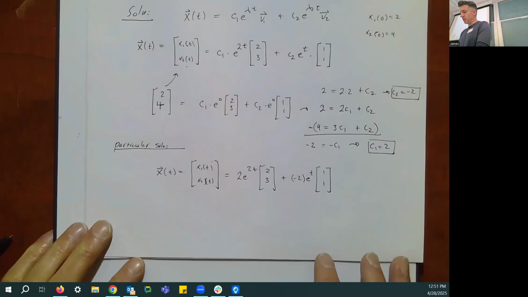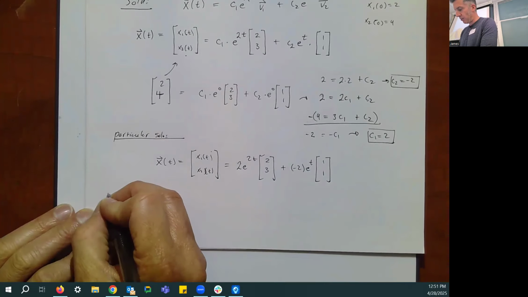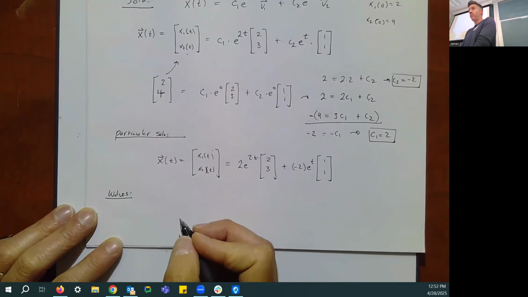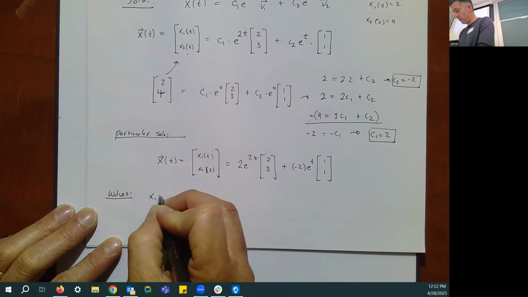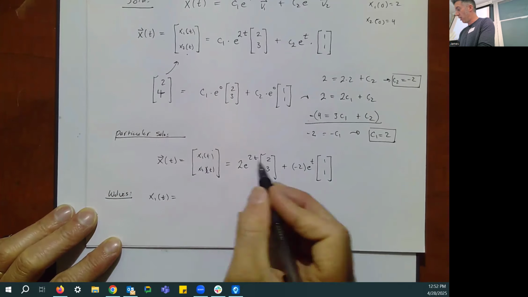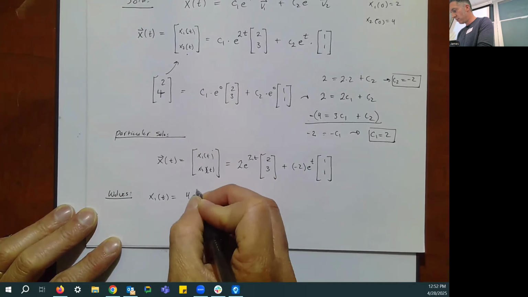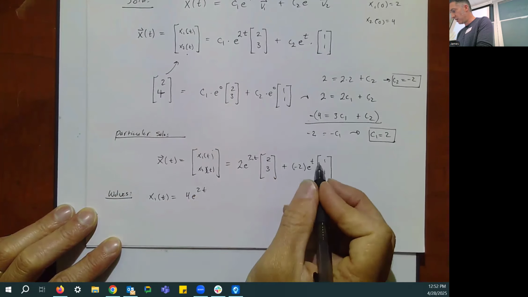What that also means is that we can say that the population of wolves has the following population model. x1 of t equals the top row, 2e to the 2t times 2 minus 2e to the t.